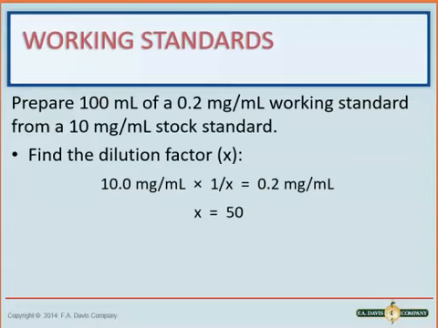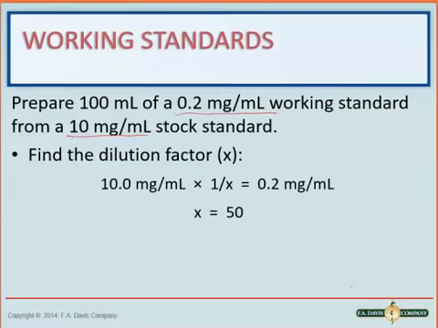So again, I like to underline my information. So we're going to be preparing from a 10 milligrams per milliliter stock standard. So we're taking that stock standard and making a working standard. They also give us the 0.2 milligrams per milliliter.